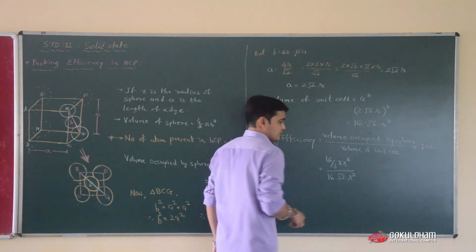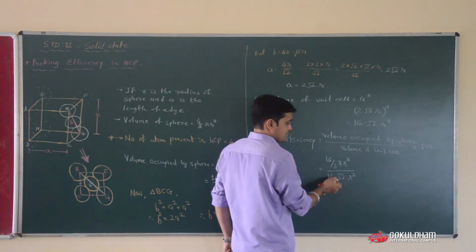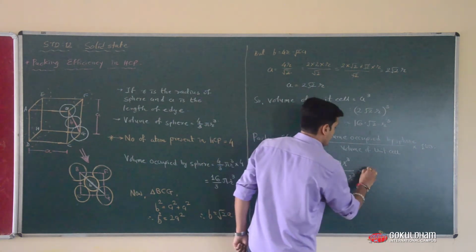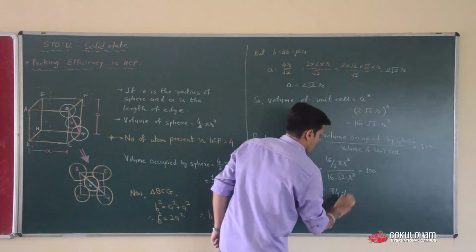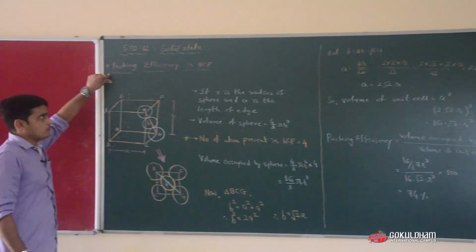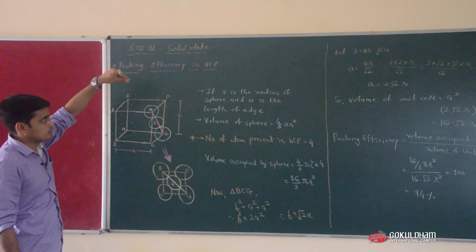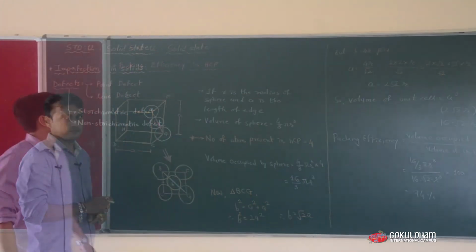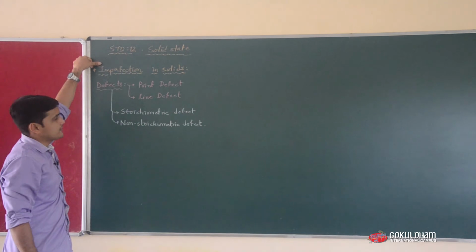This 16 and r cube cancel out, and this 3 goes into the denominator. So you will get the exact answer of 74%. This is the most important, as for body centered cubic. This hexagonal close pack and cubic close pack both have the same answer of 74%. Now, in our next theory, we are going to discuss imperfection in solids.